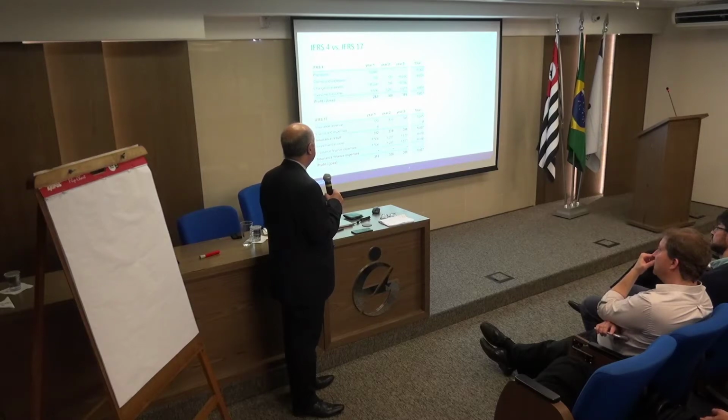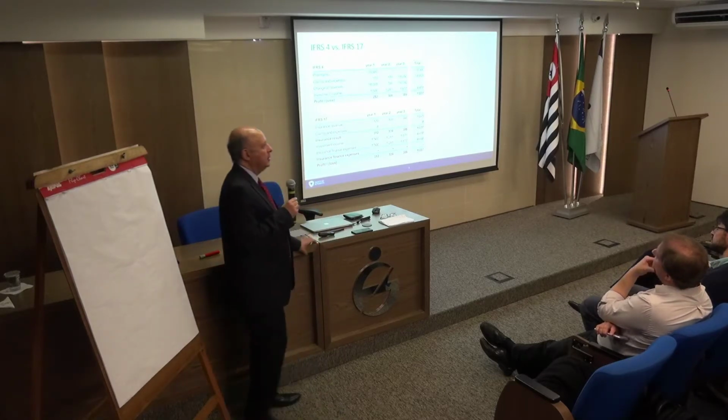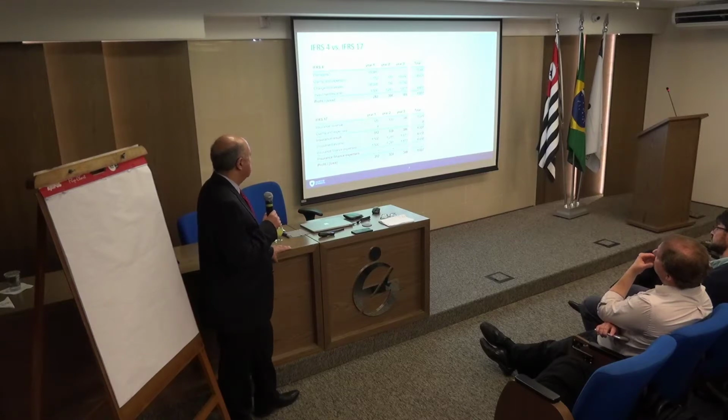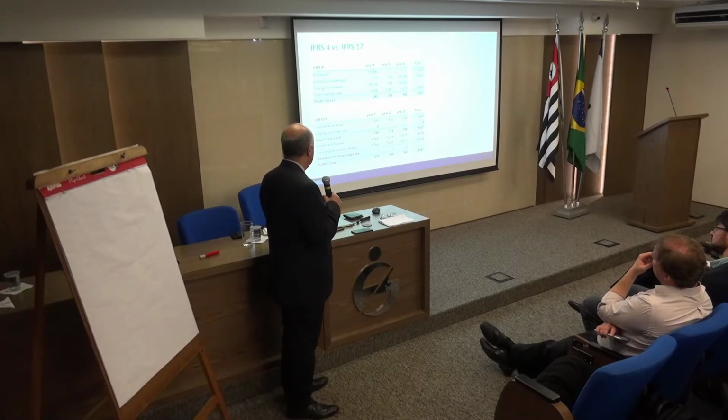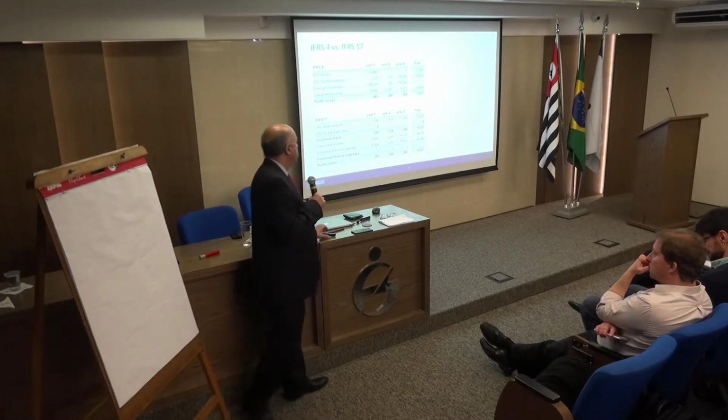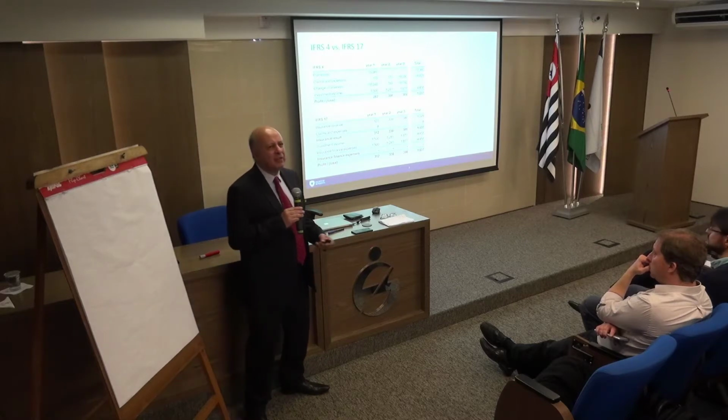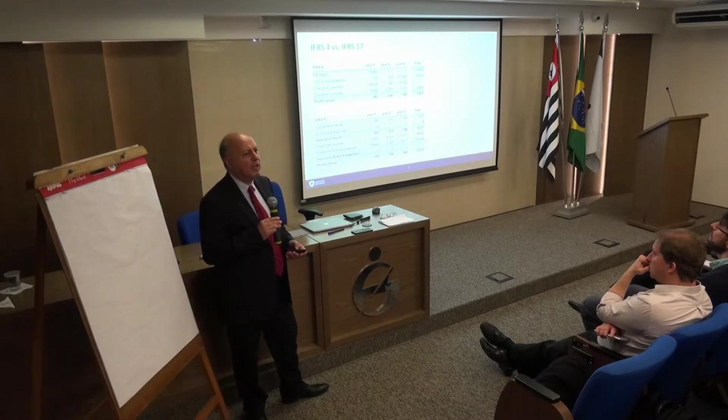This is the same investment income, but it cancels out with the insurance finance expenses, so the insurance finance expenses at the end is 0, and this is wrong. This should be insurance finance result, not expenses. This is result. So that's kind of a light comparison between 4 and 17.